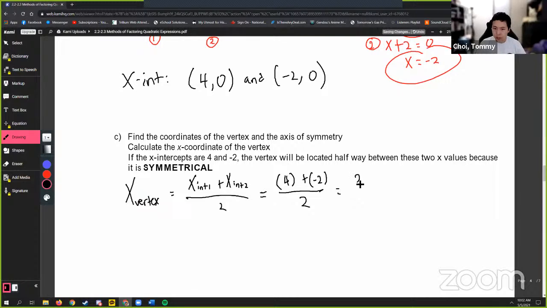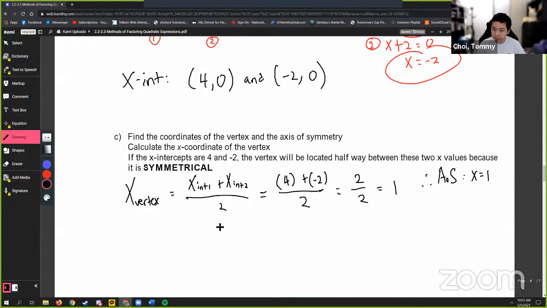That's going to give us 2 over 2, which is equal to 1. So that gives us the x value of the vertex, which coincides to be the axis of symmetry. Therefore, the axis of symmetry, which people got wrong on the test because they weren't sure what it was going to be, is x equals 1. That's the axis of symmetry.